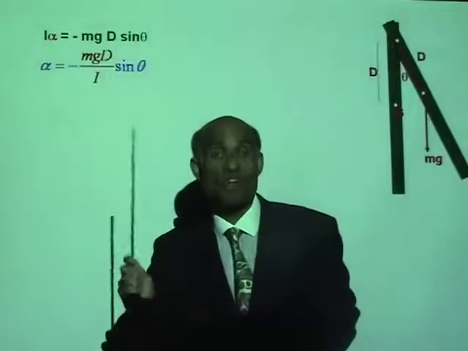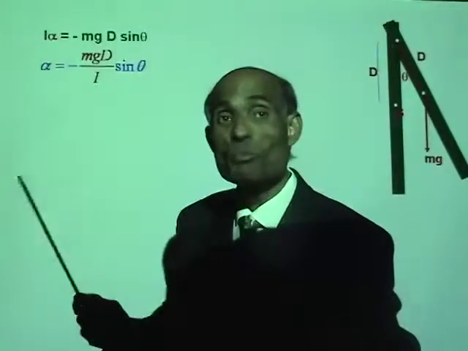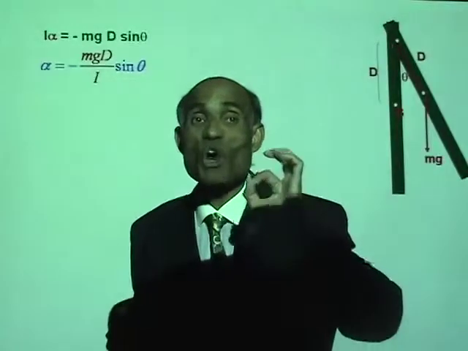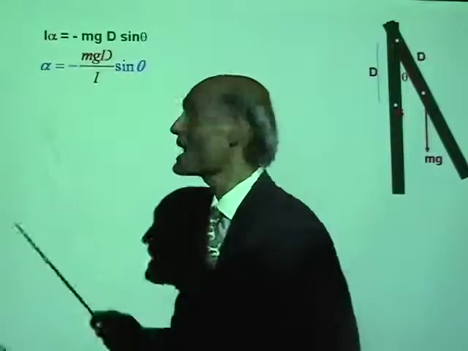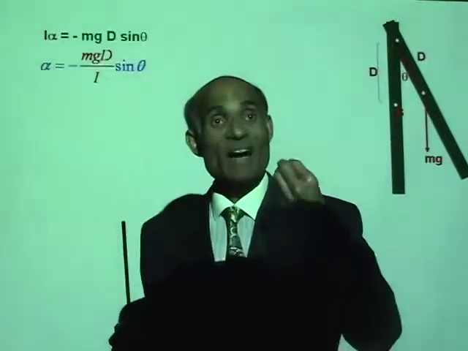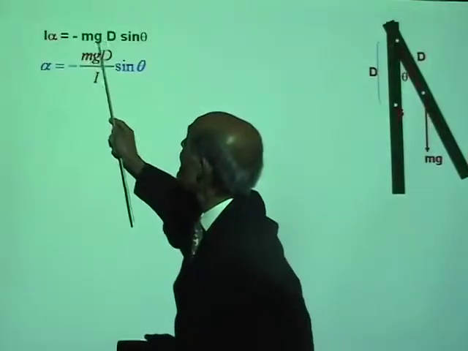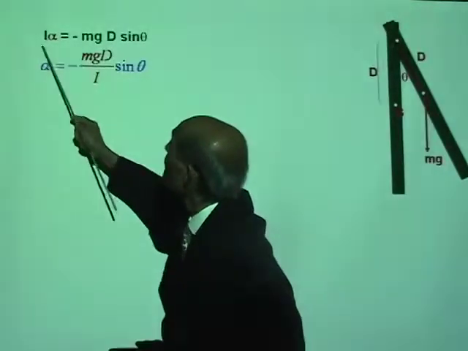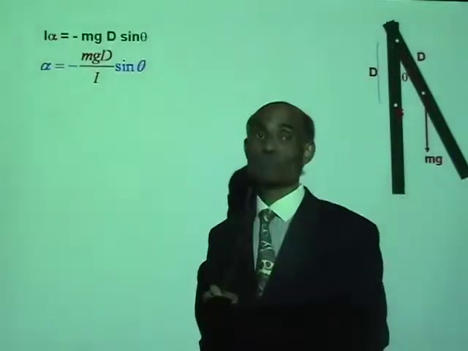Alpha stands for the angular acceleration. You see, in the two previous cases, we solved for linear acceleration. But in this case, the acceleration is angular acceleration. Alpha is negative mgd divided by I times sine theta.